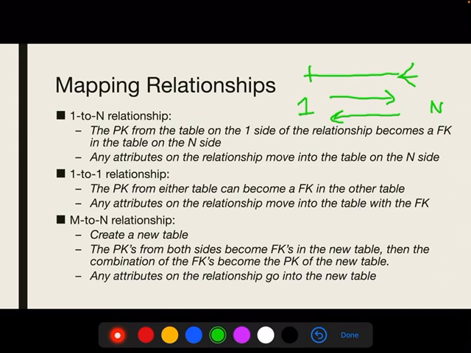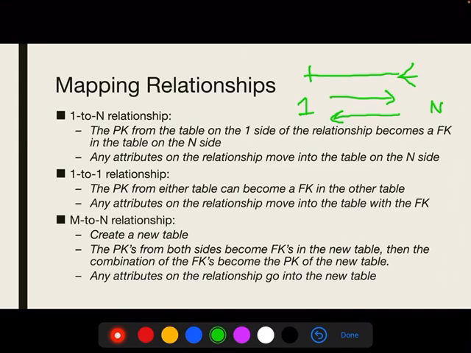So you take the primary key from one table and you put it as a foreign key in the other table to create the reference from the one to the other. Since it's one-to-one in both directions, you just put the reference on the side that you want it on, but there's no difference.